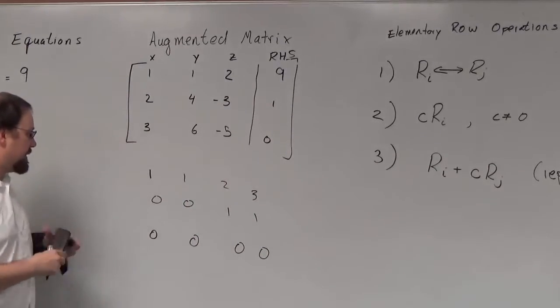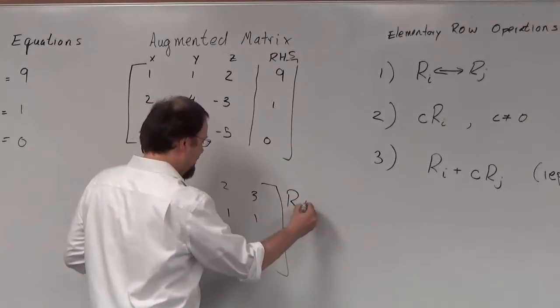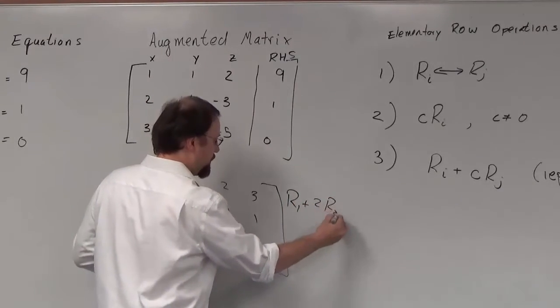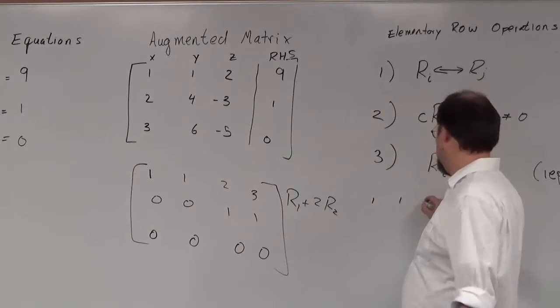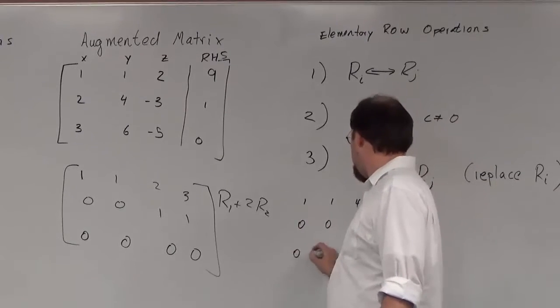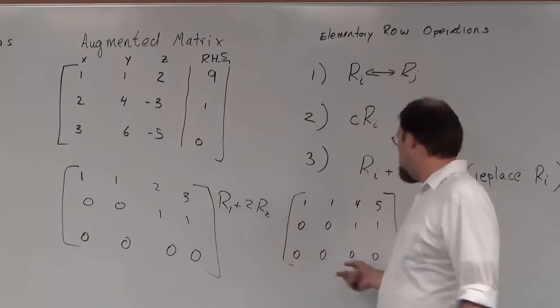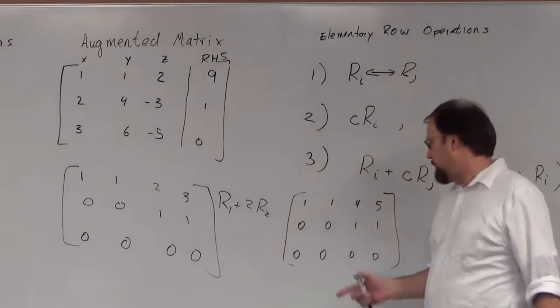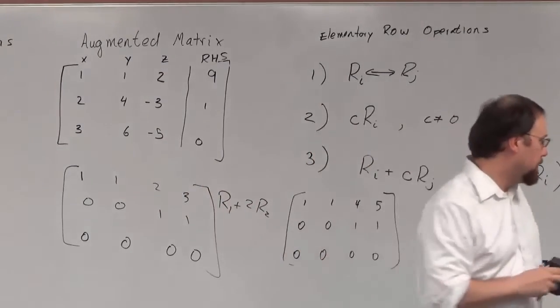Of course, I can add 2 times row 2 to row 1, correct? So both of these matrices are in row echelon form, but they're different. So the starting matrix doesn't have a unique row echelon form.